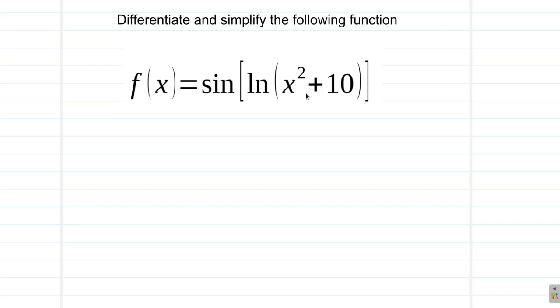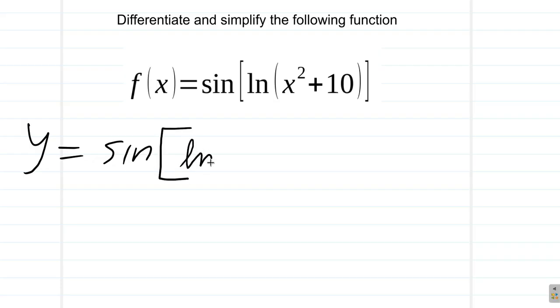Let's look at what's going on here. Let's change this from f of x. Let's say it is y equals sine of ln of x squared plus 10. Okay? Now you have this inside function.